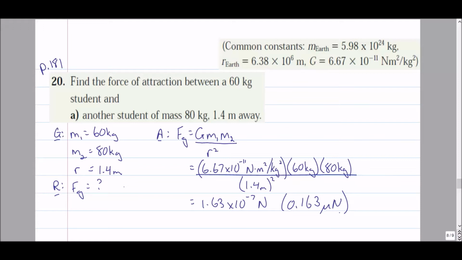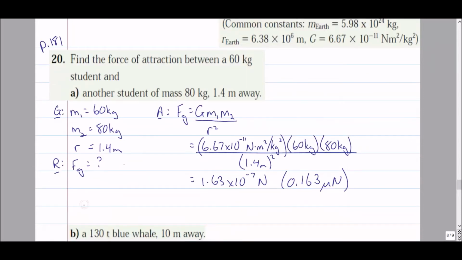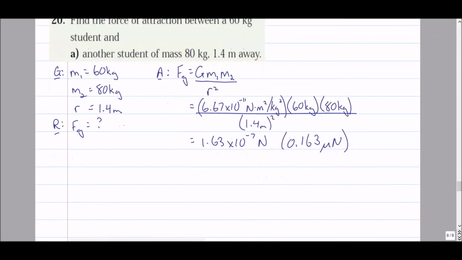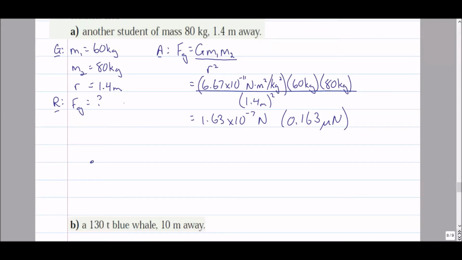And again, to picture this in perspective, if I were to support a 1 kilogram mass, it's going to have a force of gravity that we said, based on that other calculation, is the mass times g. If that 1 kilogram mass were to be in free fall, it would accelerate at 9.8 meters per second squared.